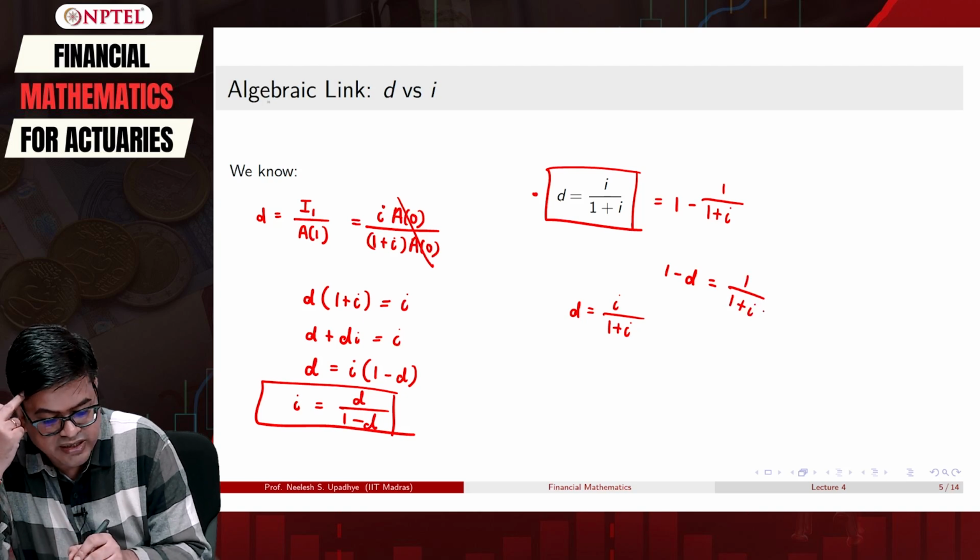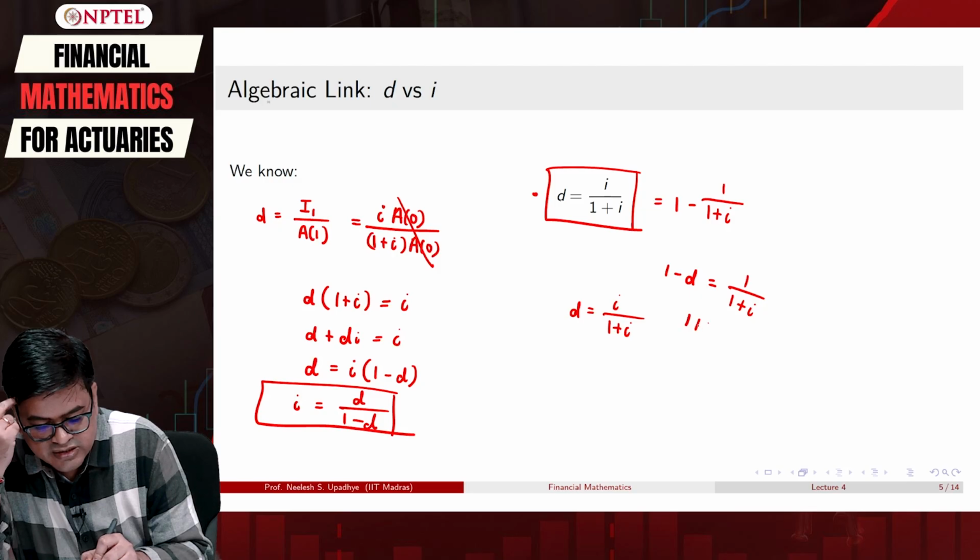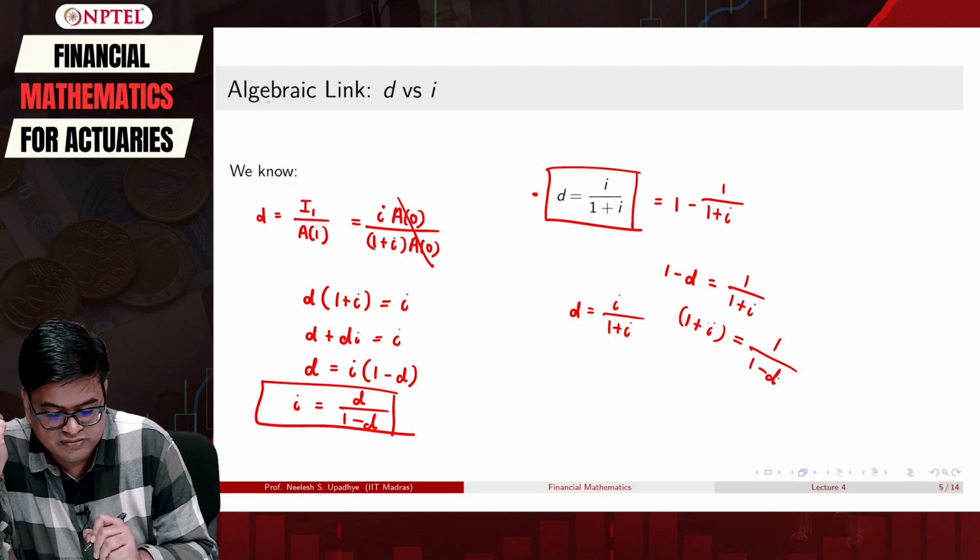And then you can easily take this 1 plus I on the other side and push 1 minus D on the other side. So 1 plus I is equal to 1 upon 1 minus D, correct?